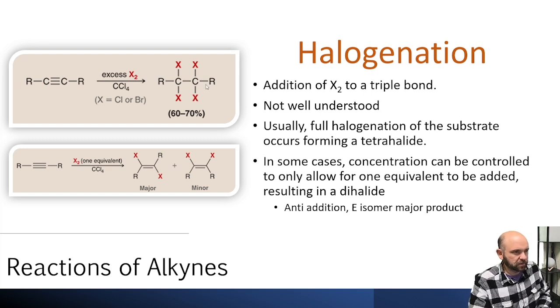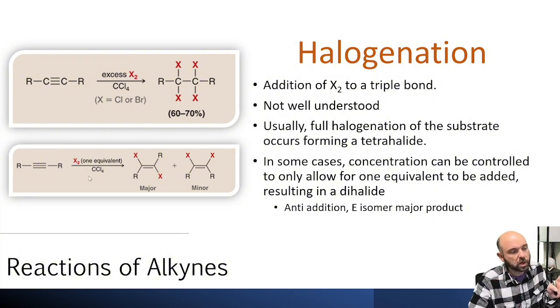That's not really well understood, even in today's chemical science. It's thought to undergo a lot of radical reactions to get to that product, but you get about 60-70% fully tetra-substituted alkanes.